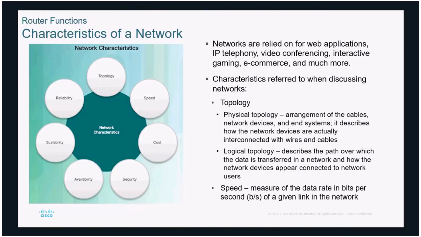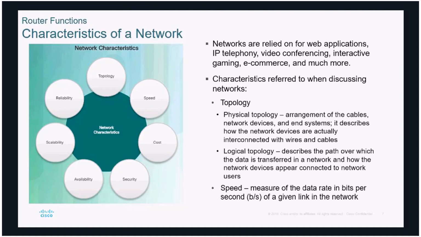Starting off with the configuration of a router, let's start with why routers exist. We know that networks are relied on for various applications: IP telephony, video, gaming, which is a very popular one, and e-commerce. Some of the characteristics when we discuss networks relate to topology, which is a bit like a design.